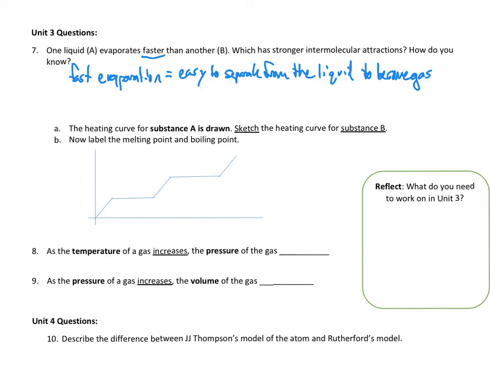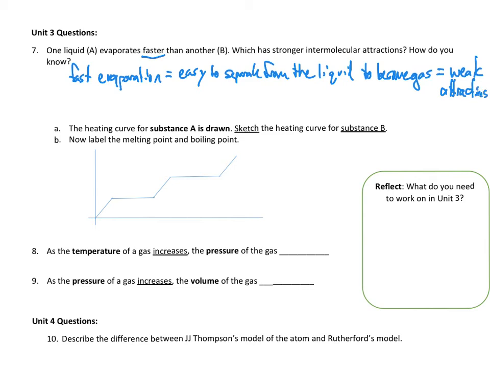You are leaving the liquid and becoming a gas. So it's easy to do that. So which one of these has stronger attractions, the liquid or the gas? Well, the liquid has stronger attractions. So if it's easy to separate from the liquid, that means those attractions must not be very strong. So if it's easy to separate from the liquid to become a gas, that means you must have weak attractions.